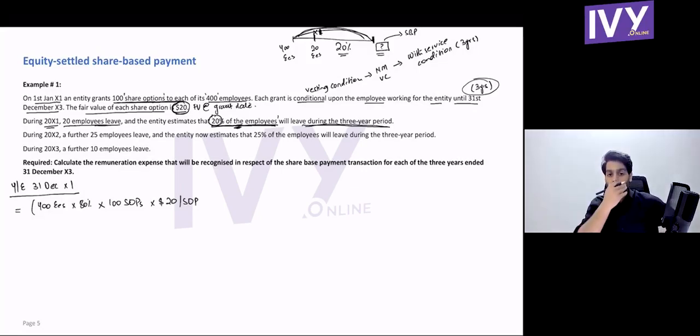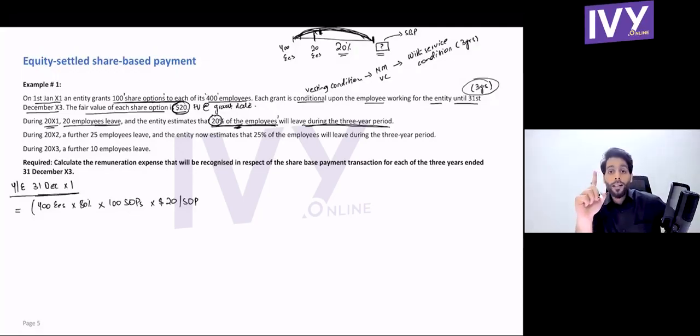But one mistake that you may do and you shouldn't be doing is that if you see 400 employees into 80%, they are the eligible employees, each get 100 SOPs with a value of $20, understood till here. But this is a whole 3-year assessment. We are standing at 31st December X1.